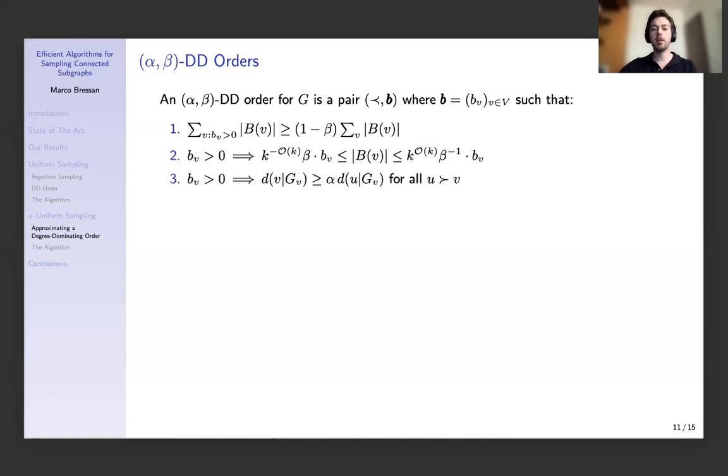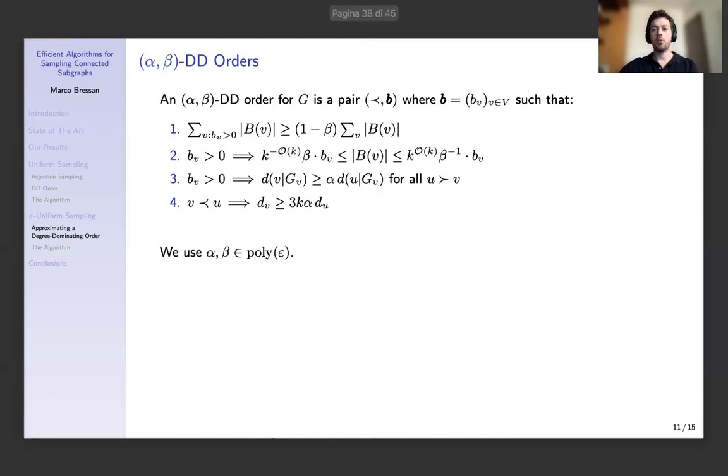Third, for any bucket that is believed to be non-empty, the corresponding vertex in G, according to the ordering, has a degree which is approximately maximum in the subgraph GV. And fourth, there's a technical property that is here for completeness, but I won't discuss it.